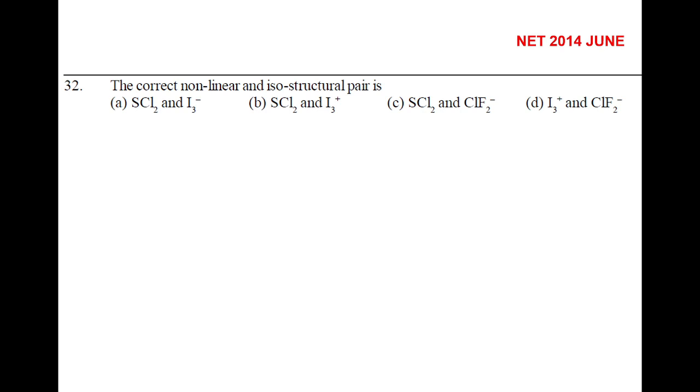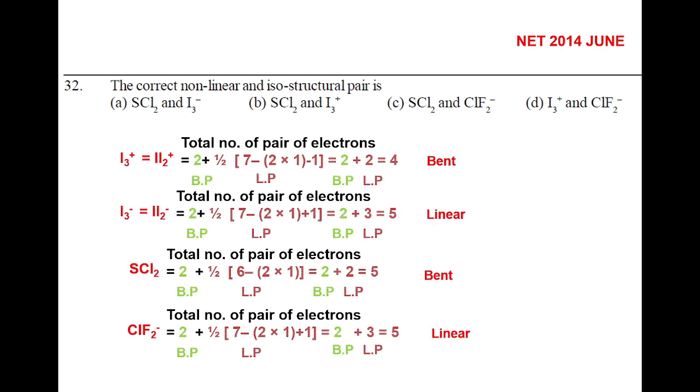We will talk about the other structures. I3 plus, as you know, like Br3 plus, is 2 bond pairs, 2 lone pairs. We can say tetrahedral, we can say bent. I3 minus has 2 bond pairs, 3 lone pairs, that is linear.